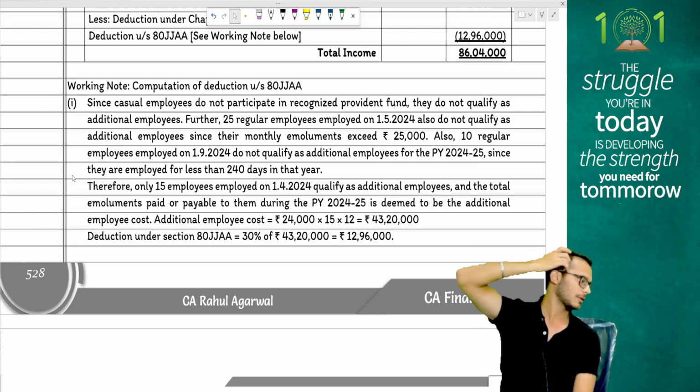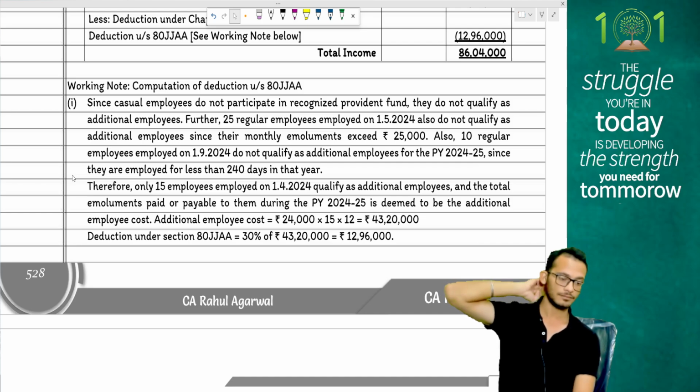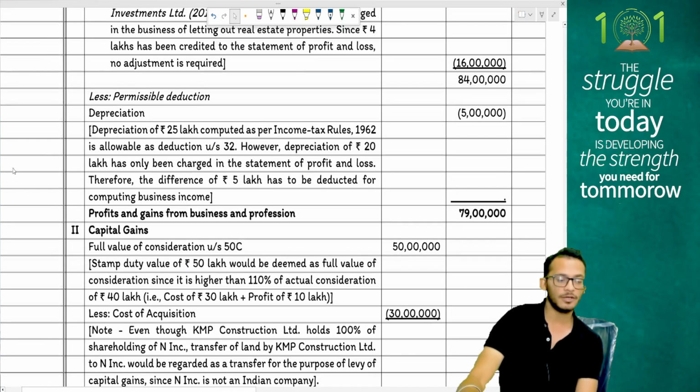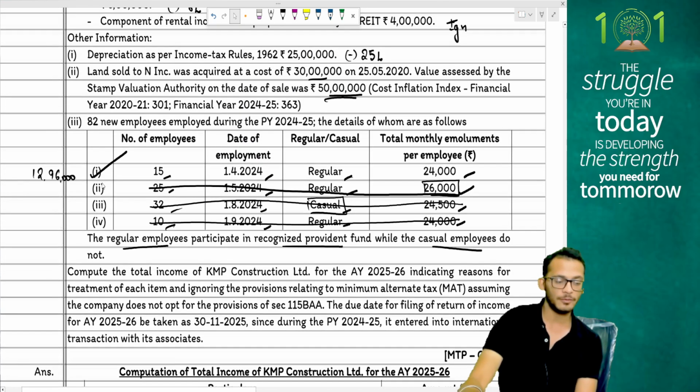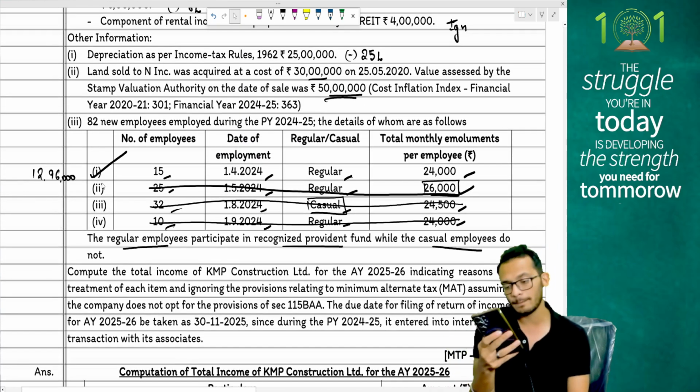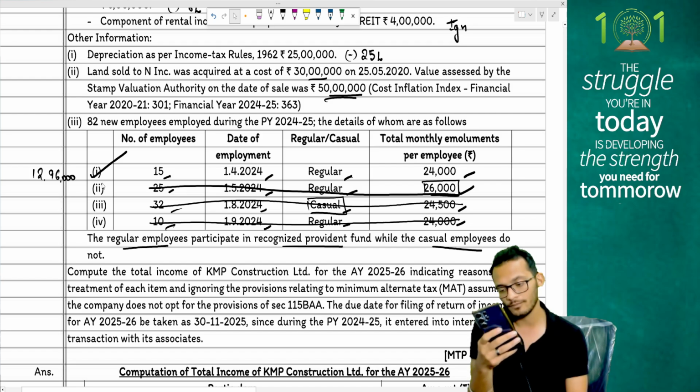Come to the bottom and put a note for the purpose of 80 JJAA.